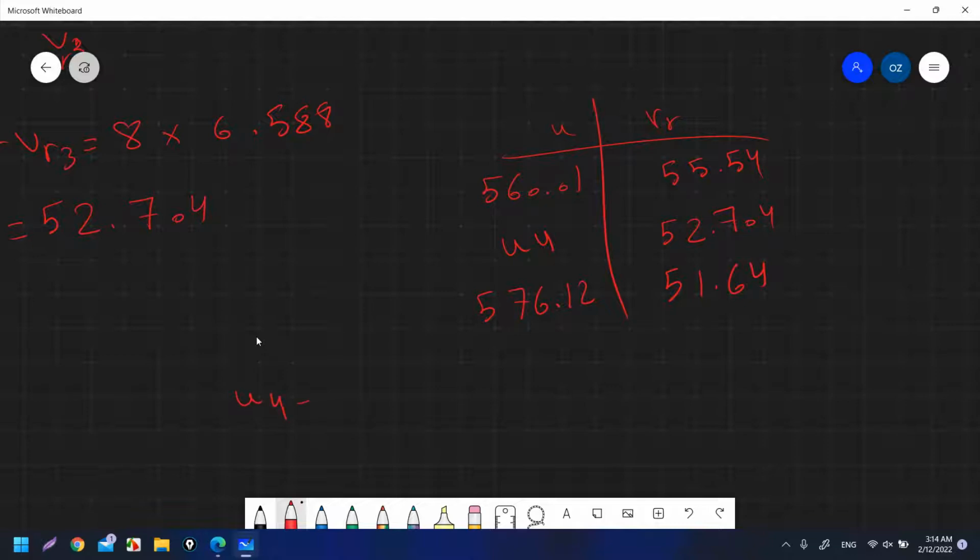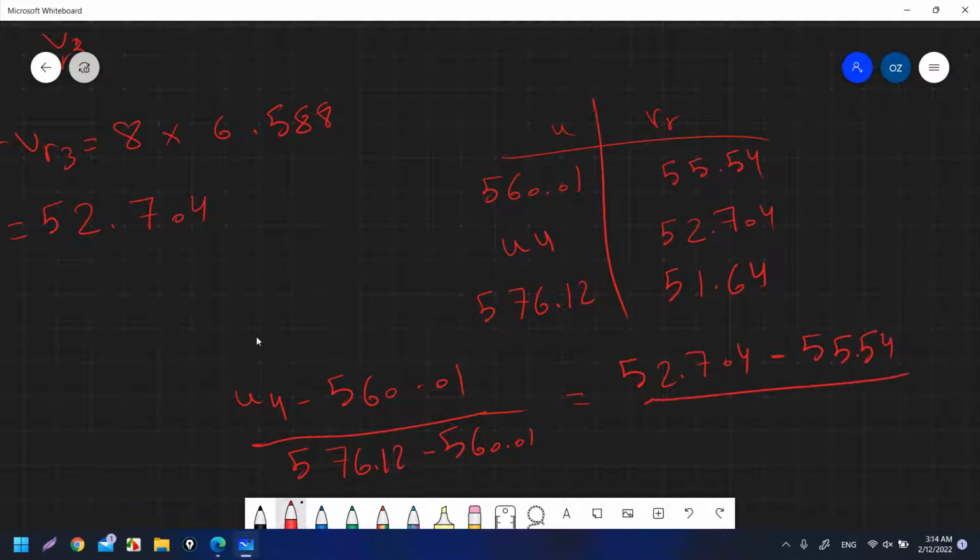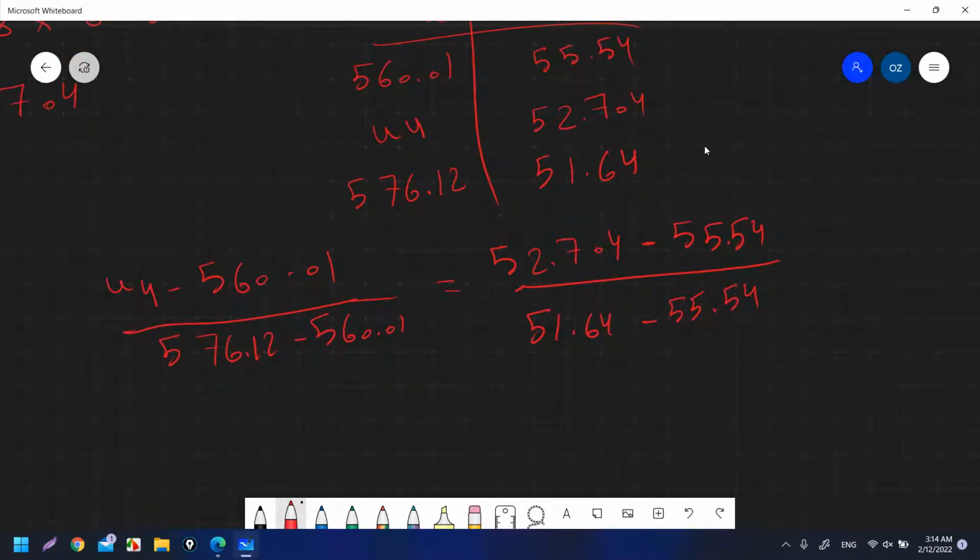So U4 minus 560.01 over 576.12 minus 560.01 is equal to VR4, 52.704 minus 55.54, over 51.64 minus 55.54. Then U4 is equal to 571.5 kilojoule per kilogram.